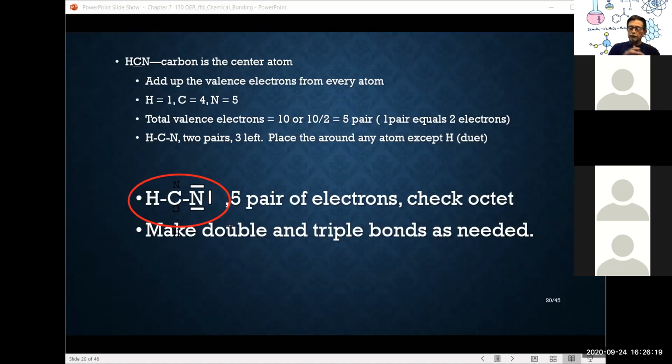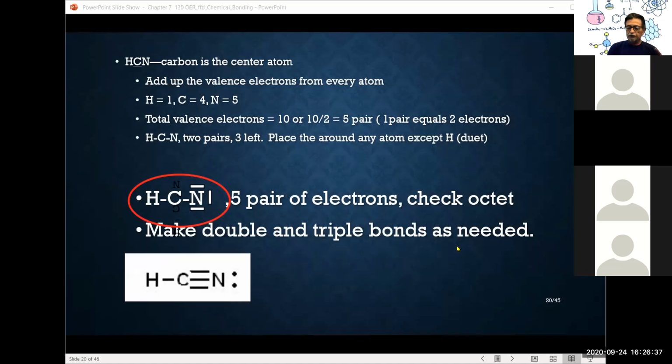And we take one or two more pairs of those electrons, and then we create a double bond. And we keep doing that until such time that the octet is fulfilled. And so in this example here, we have this particular structure, where now we go check the octet again to make sure everything is on the up and up.